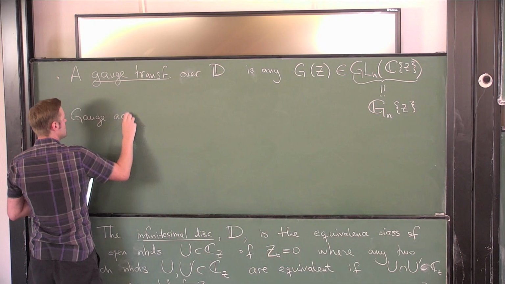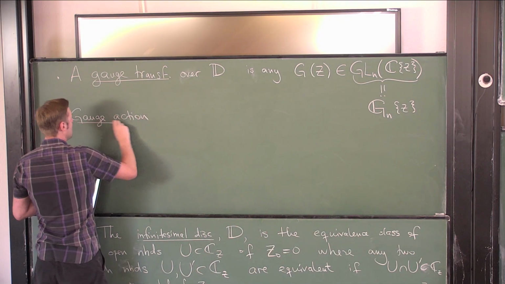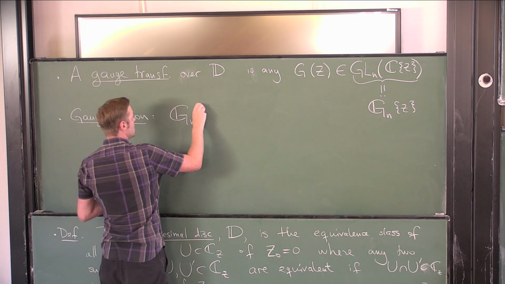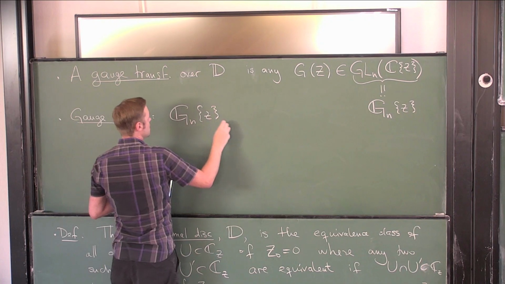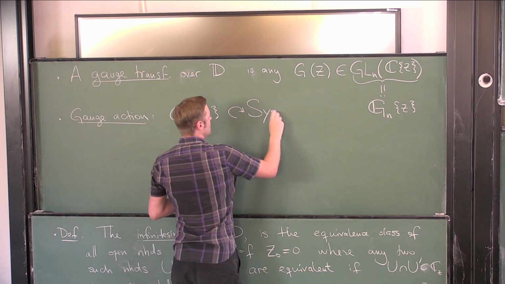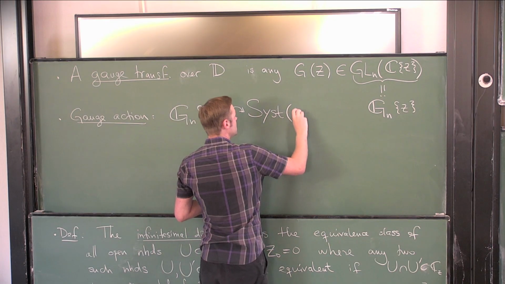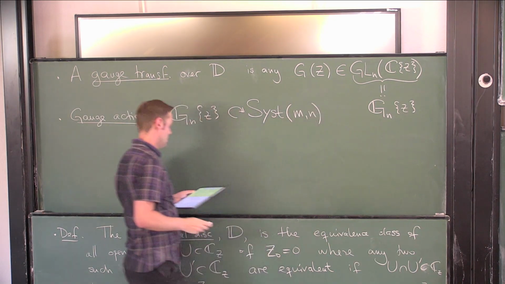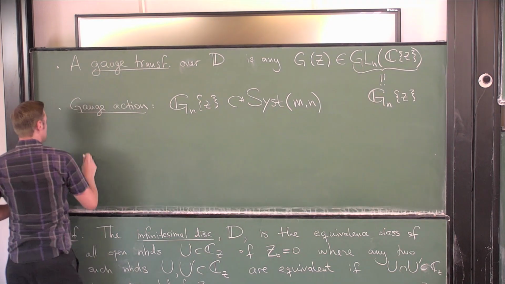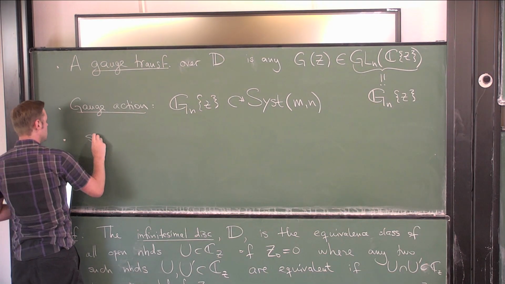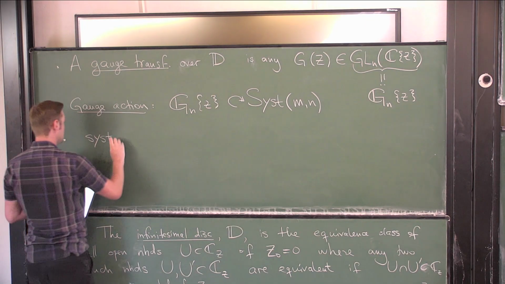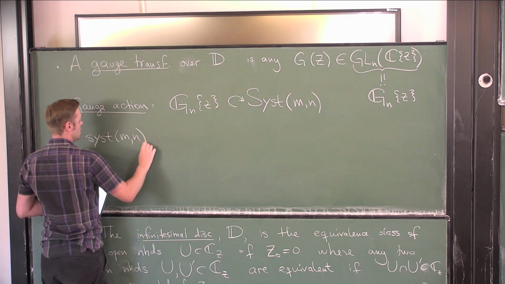So the gauge action is the action of Gn Z on this space of all systems. And so I can look at the quotient, which I will write with a lowercase s, syst, mn.